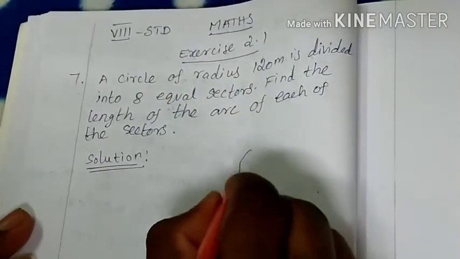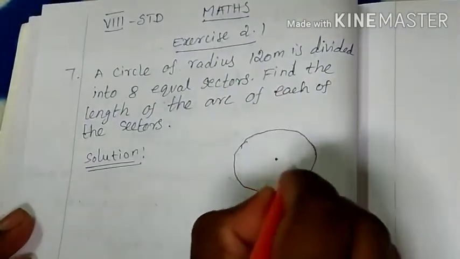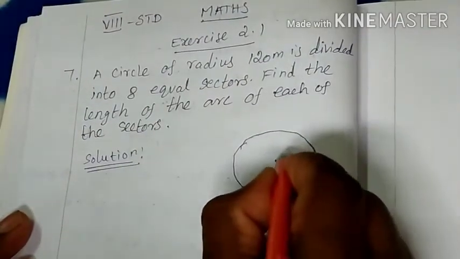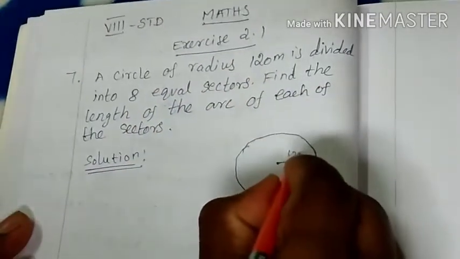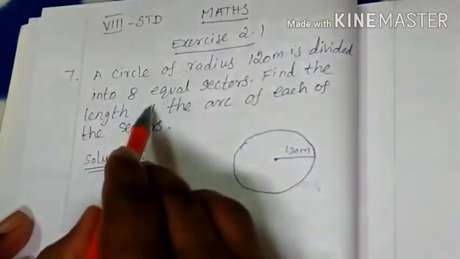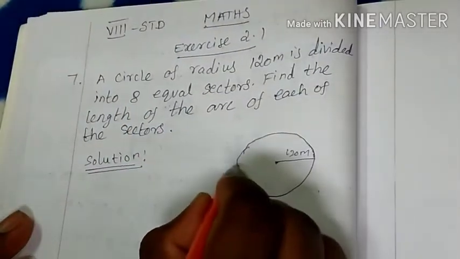Let us draw one circle. Let us consider the radius. The question is a circle of radius 120 meter, then divided into 8 equal sectors. This is the circle divided into 8 equal sectors.